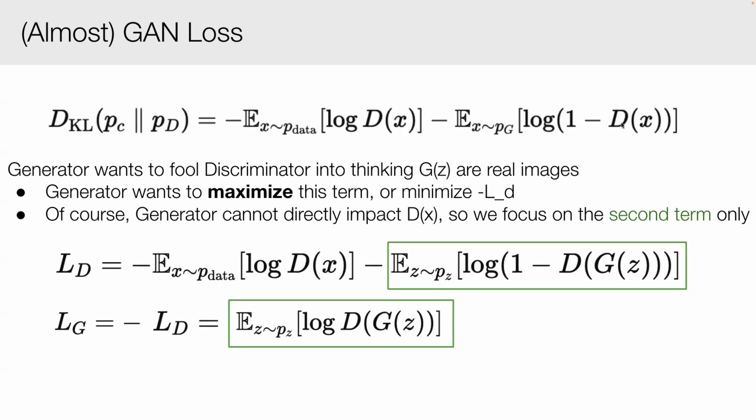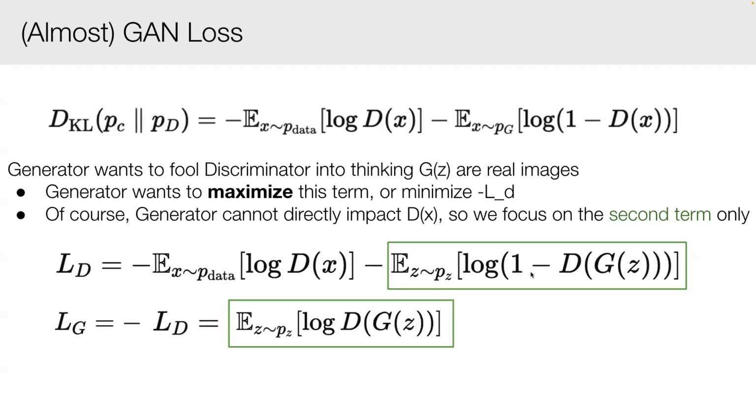So really, when we say D of X in this right-hand side, we mean G of Z. And Z is that noise vector we sampled earlier, right? So Z is the input of the generator. So this right-hand term is equivalent to this right-hand term. Does the conversion here make sense?